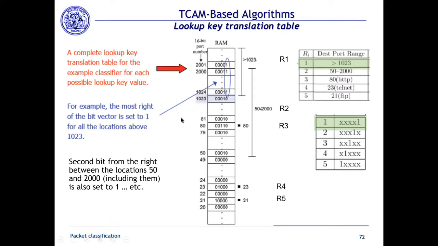Then once you look into this RAM, you convert that value 79 into a bitmap with 5 bits, which is 00010. This value is used to look into the TCAM, because in the TCAM you will have this set of columns, and if it is 00010, it will match with rule number 2 for this specific field. Okay.